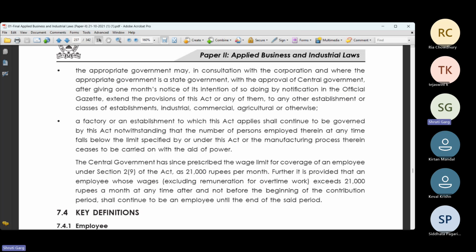Clear? Once it is applicable, then it is applicable, whether manufacturing processes are carried on with the aid of power or without it. It will continue to be applied.